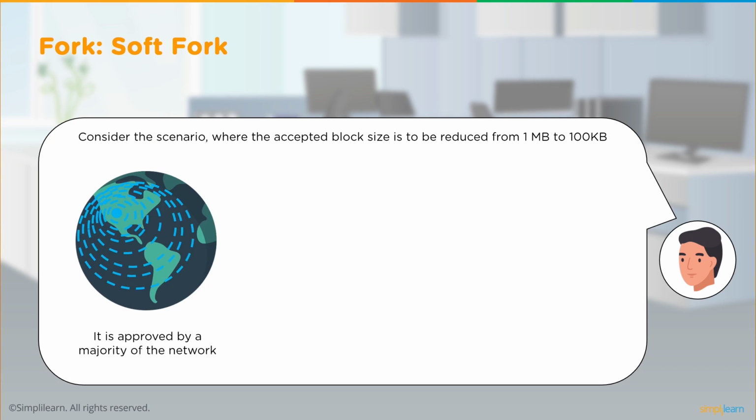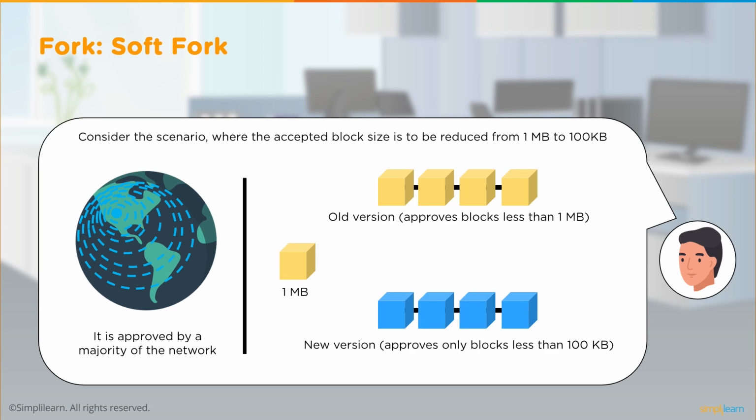So consider the scenario where the accepted block size is to be reduced from 1 MB to 100 KB. So first of all, it has to be approved by a majority of the network. Now, the old version will be running on 1 MB block size, but once approved, the new version will start working on a block size of 100 KB.